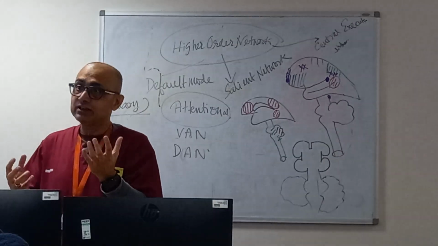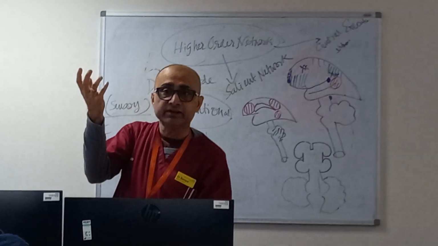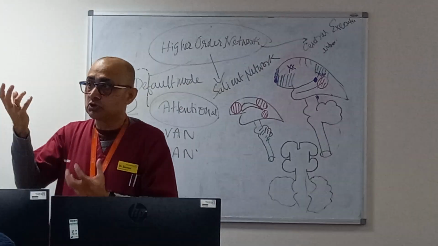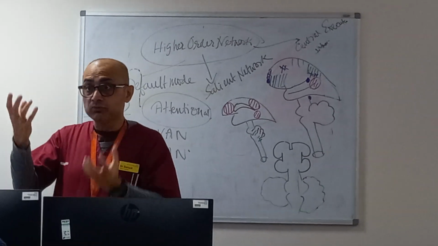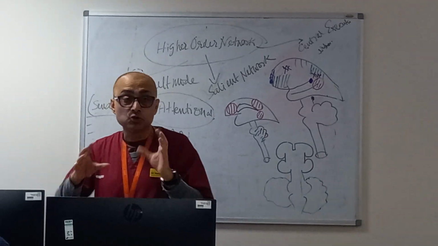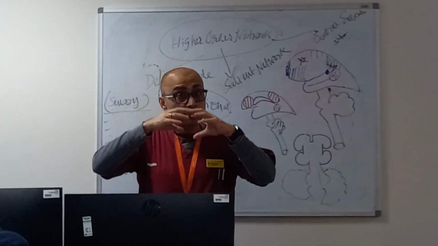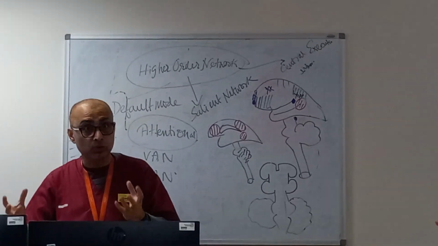Or it might give more importance to the sensory data and reduce the importance of the prediction. So with precision weighting, the brain doesn't treat these two pieces of information as equal.